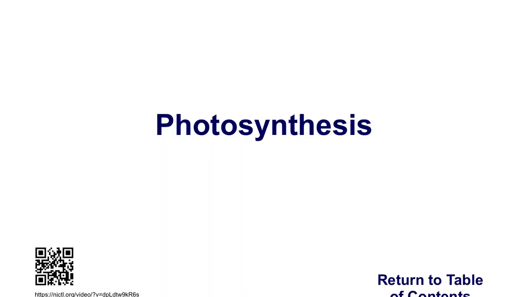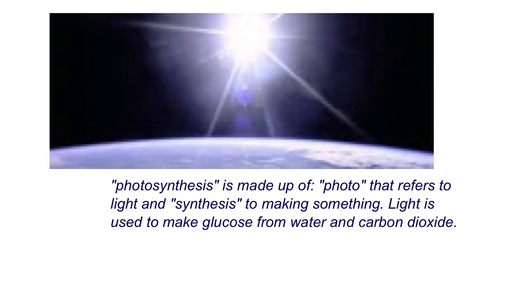Let's talk about photosynthesis now. Here are two videos right here that really are worth your time to sit down and watch, that really do a good job of helping you to understand the steps in photosynthesis. So photosynthesis means light is what photo means, and synthesis means building a molecule.